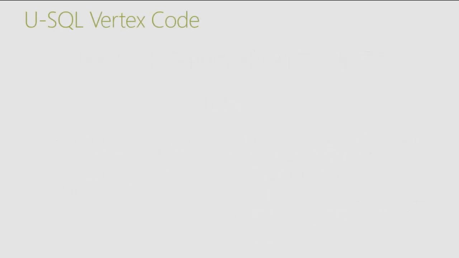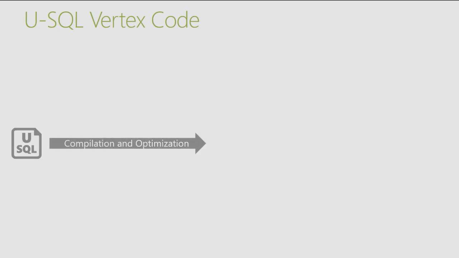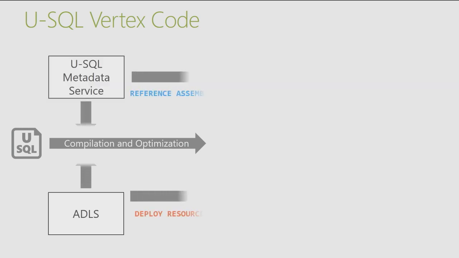So what is happening? How do we actually process your U-SQL scripts? Well, when I take a U-SQL script and compile and optimize it, I'm going to get some additional resources, potentially based on what I have inside my script. So, for example, if I have a reference assembly statement, I'm going to get a lookup from the U-SQL metadata service to find the registered assemblies plus all the files that are registered with it, and it collects that as well.